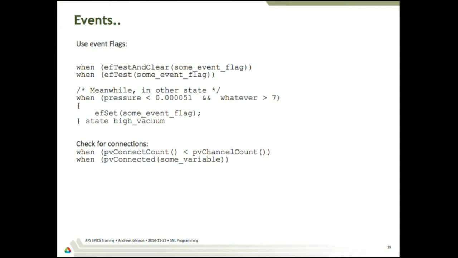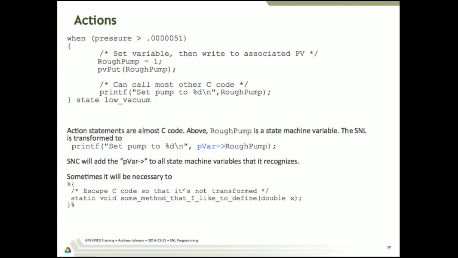And so we can trigger an event and perform some actions, or move to a different state, based on the fact that we don't have all our connections. You can also check individual variables to see whether they're still connected, so that you can say if this channel disconnects, I can carry on running, but if this channel disconnects, I have to do something different and stop. You can do that kind of test. It provides all those facilities.